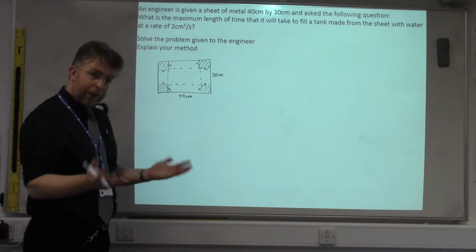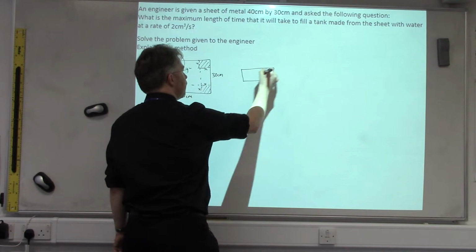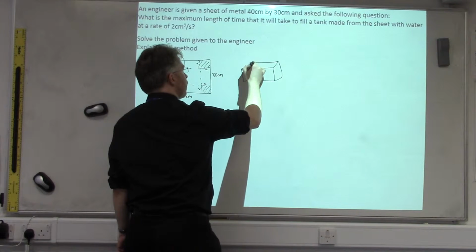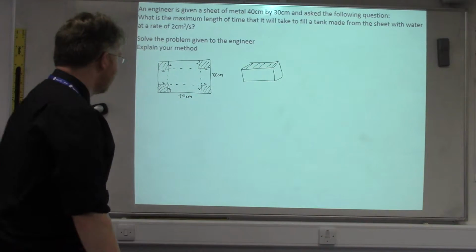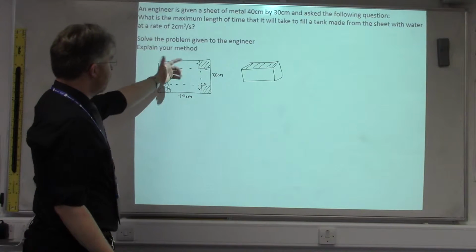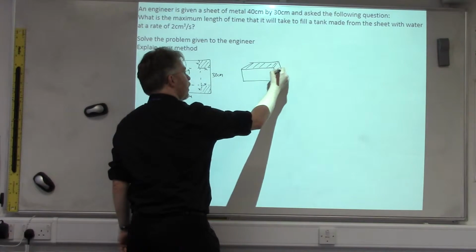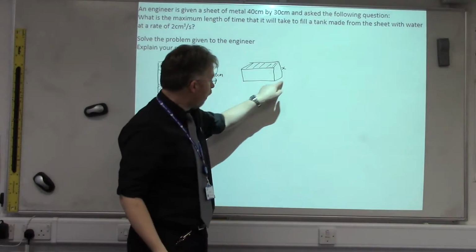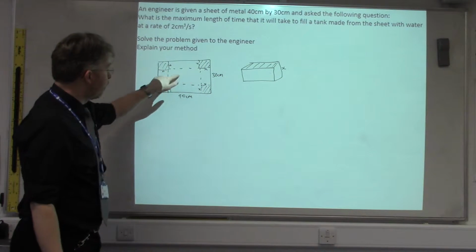Now when we flap it up and make a box, it will be of this shape. Excuse my poor drawing skills. Now the flaps mean the height will be x. So it will be x high. But we'll need to know the dimensions of the bottom rectangle, which is illustrated by this rectangle.